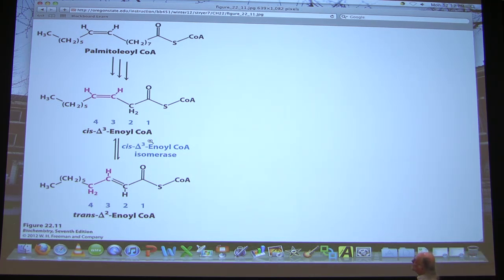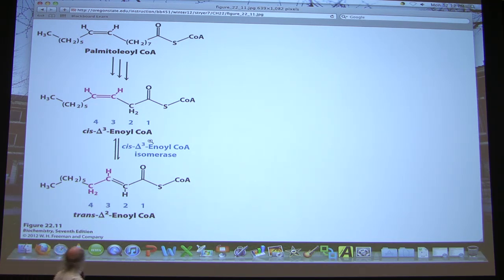All right, so we go through several cycles, each cycle knocking off 2 carbons at a time, until we get to this thing that looks like this. So here's carbon number 1, carbon number 2, carbon number 3, carbon number 4. First of all, the double bond, we notice, is not between carbons number 2 and 3. And second of all, it's in the cis configuration. Well, this arrangement turns out to have a very simple solution for the cell.